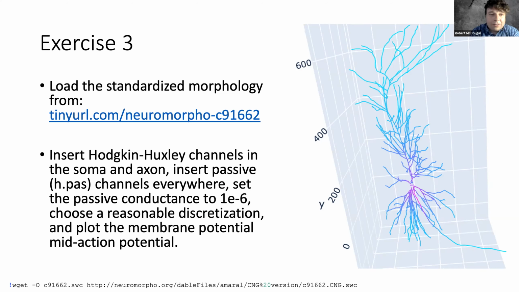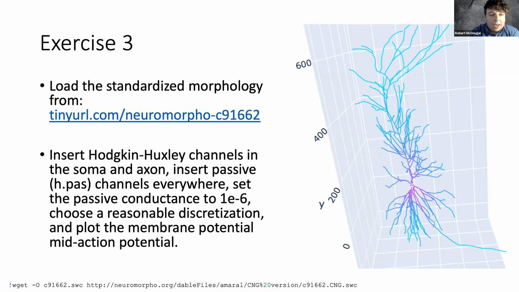I invite you to insert Hodgkin-Huxley channels in the soma and axon, and passive channels everywhere that's not the soma and axon, because the Hodgkin-Huxley channels already have a passive channel included. Choose a reasonable discretization. I think we've seen code for using the d_lambda rule, or just do any other approach that you think is reasonable.